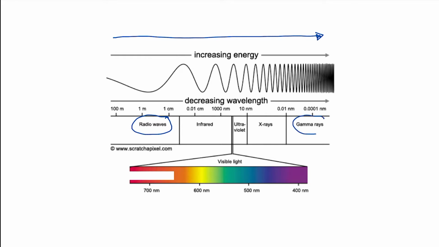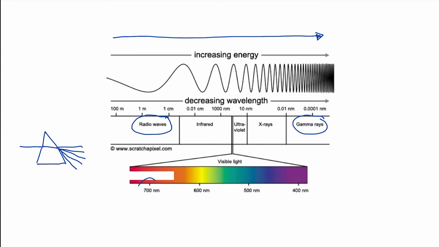Gamma rays, on the other hand, have a very high frequency, many waves per second, but a very short wavelength. And visible light, which falls in the middle, you may be familiar, I hope, with the experiment from GCSE physics, where if you pass white light through a glass prism, refraction causes all the different colours to be split, because each colour of visible light has its own specific wavelength and frequency.